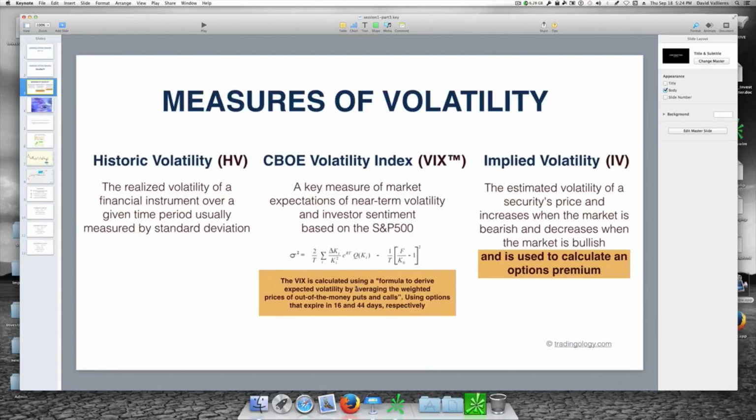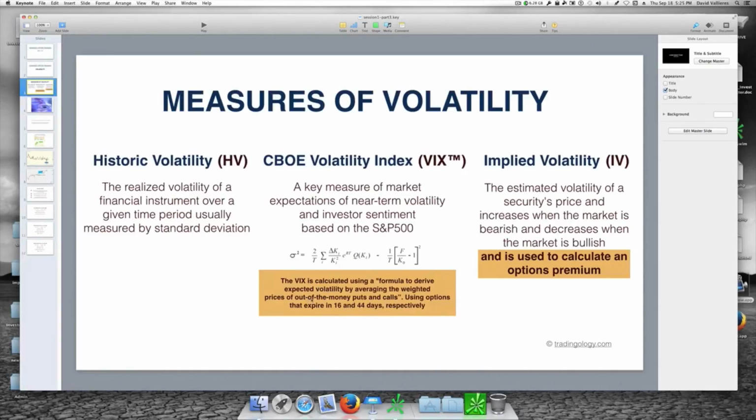If you think of the VIX as measuring the prices of the out-of-the-money puts and calls across all 500 stocks in the S&P 500, and they're weighing those, and saying, okay, these stocks are being bid up, these out-of-the-money puts and calls.